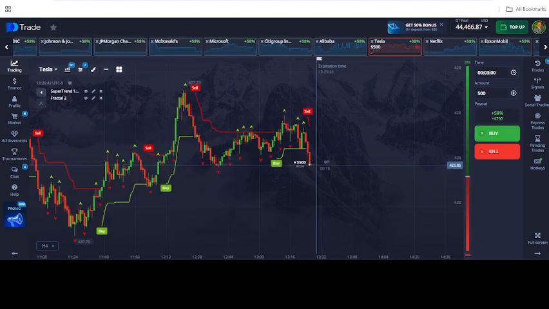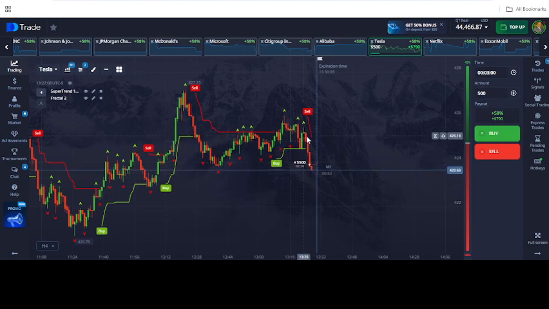Okay, so I'm on Tesla, and I just took a sell trade here. And the reason why I took the sell trade, first of all, we have the Supertrend printing sell here. Secondly, I have the green fractal, which printed above the candles here, suggesting a bearish momentum to the downside.